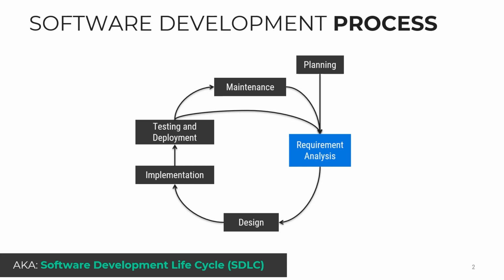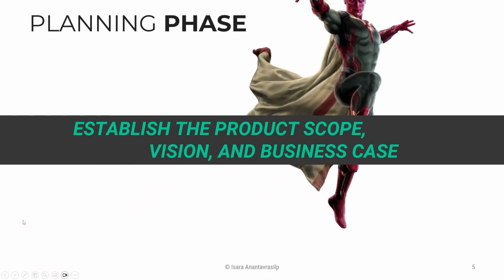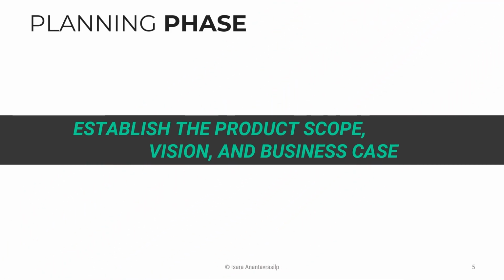But in order to discuss the requirement analysis, we have to go back to the beginning, the planning. The planning phase. What you are doing in this phase is to establish product scope, vision, and business case.